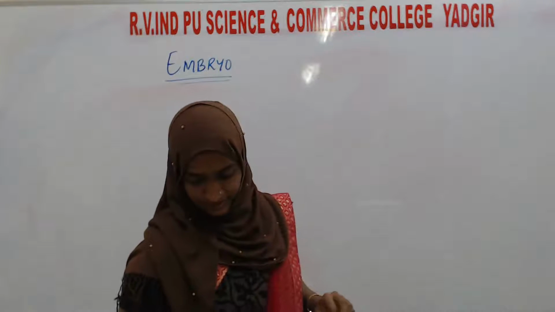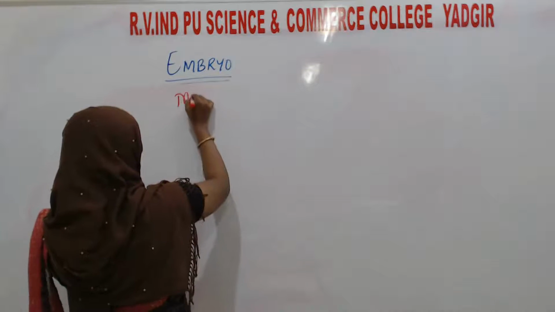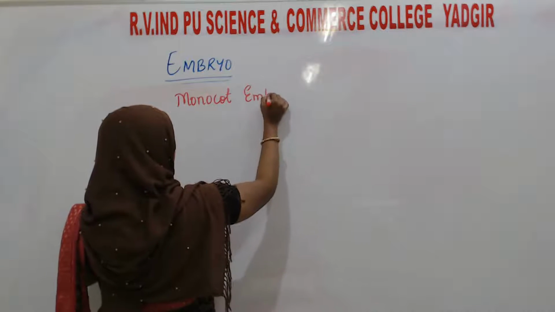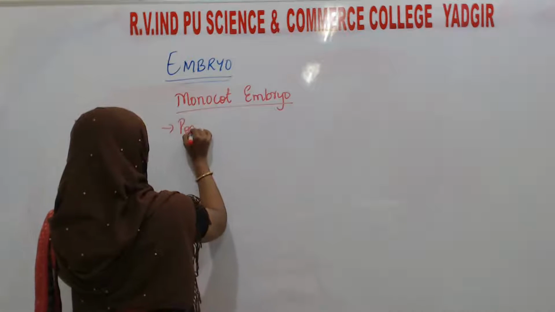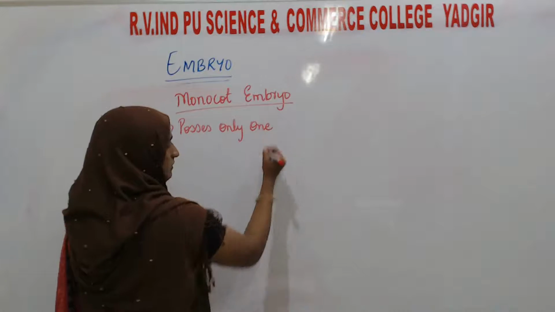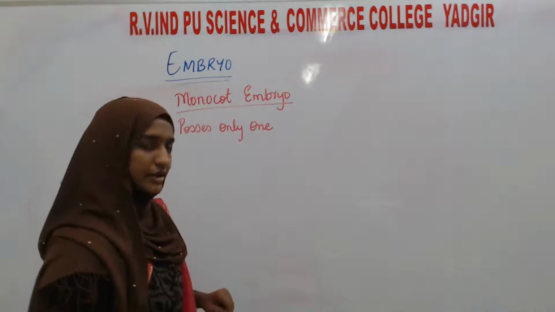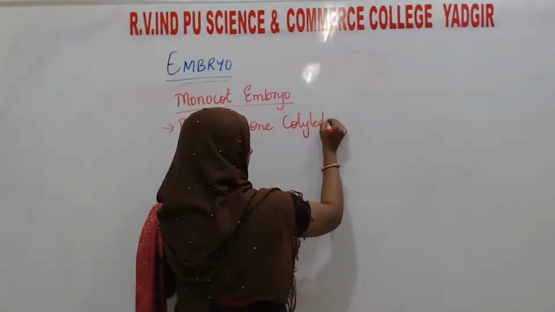Next, it is the monocot embryo. Here, the monocot embryo possesses only one cotyledon. In the last topic you had seen there will be two cotyledons, but here it possesses only one cotyledon.